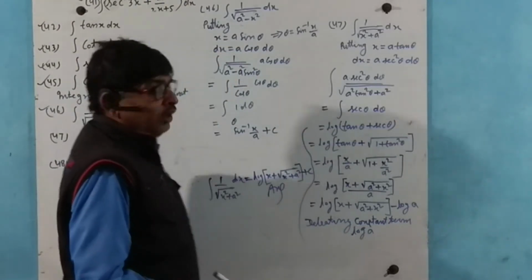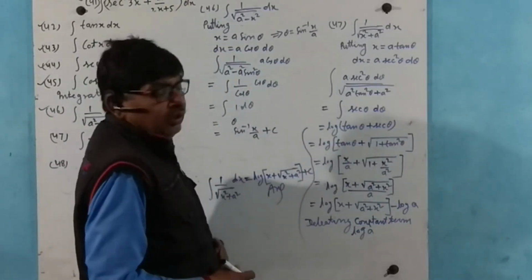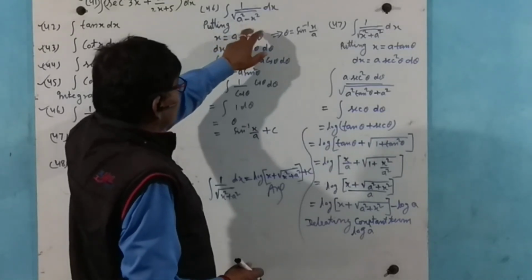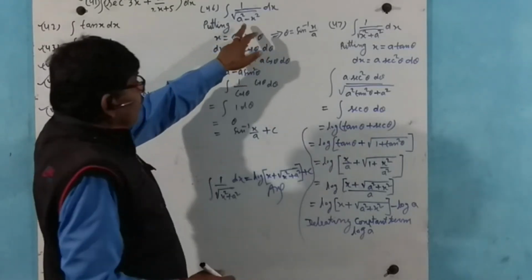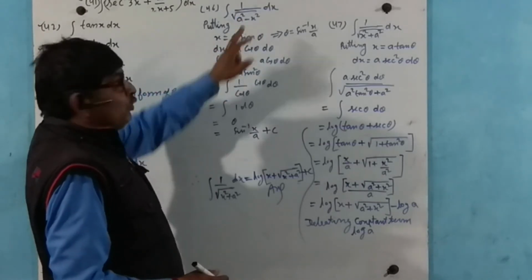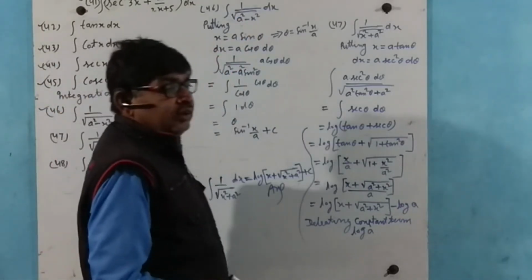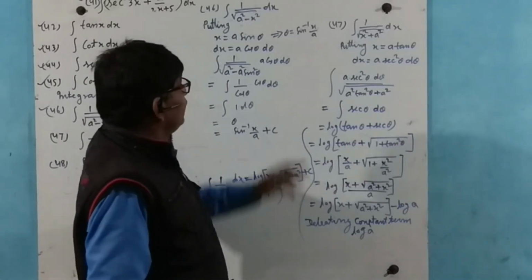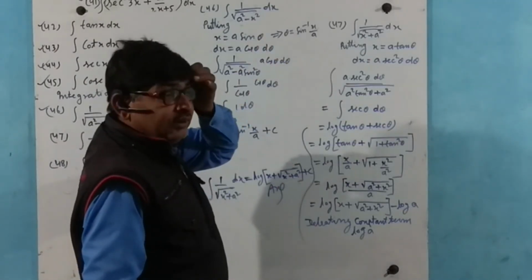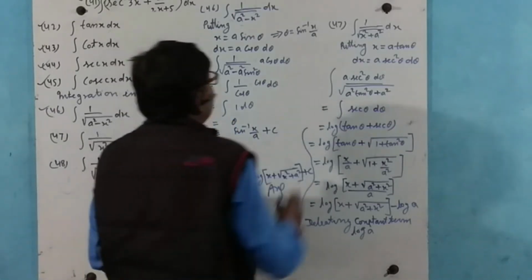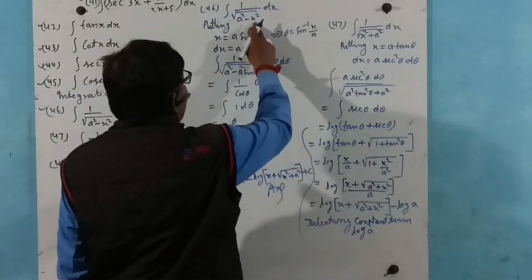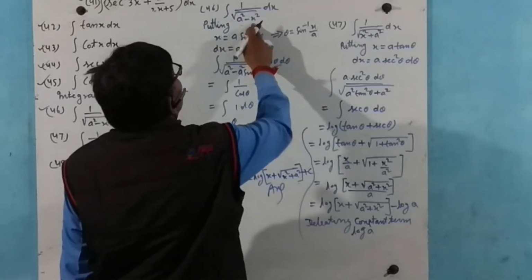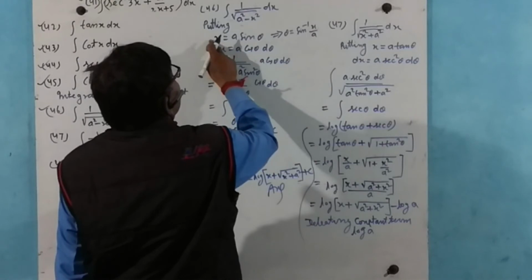Now here, as you see, if you put 1 by under root 1 minus x square, that is the form of sin inverse x. Putting x equal to a sin theta, theta equals sin inverse of x by a.